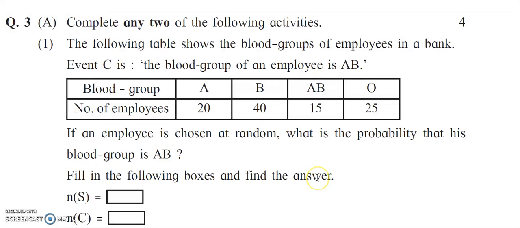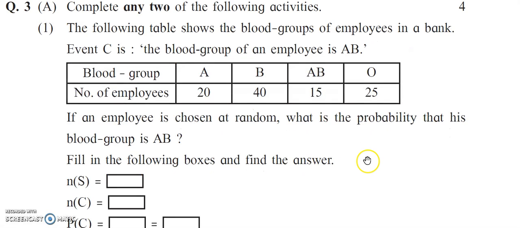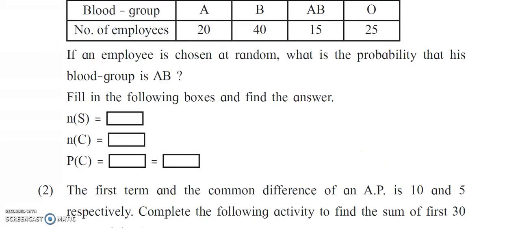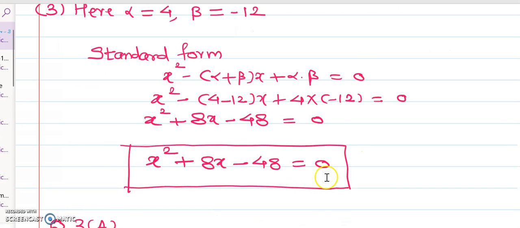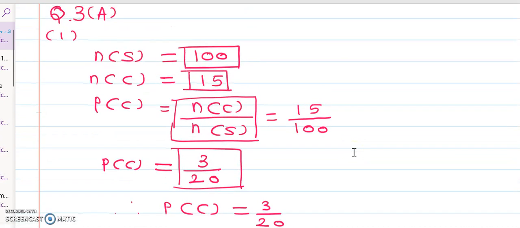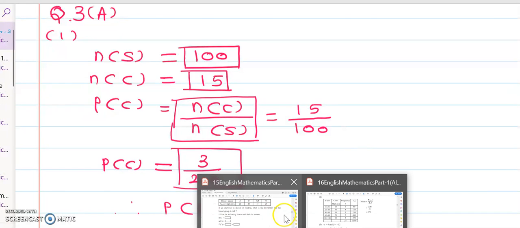Fill in the blanks. Fill in the following boxes and find the answer. It's a very simple question. See the answer. In the first case, n of S is equal to 100, that is the total number of the persons.